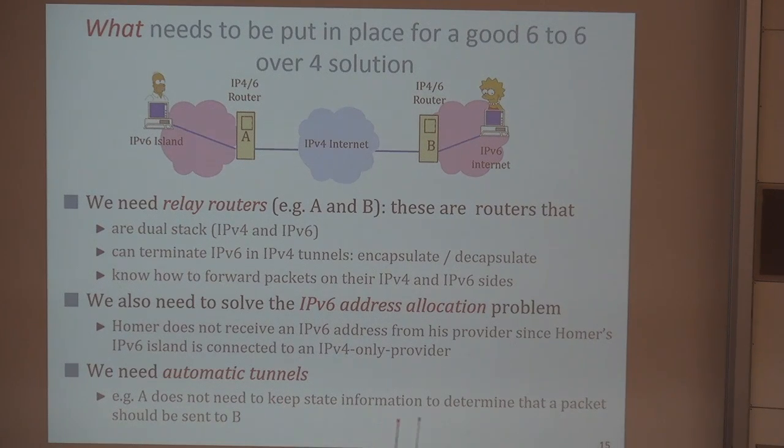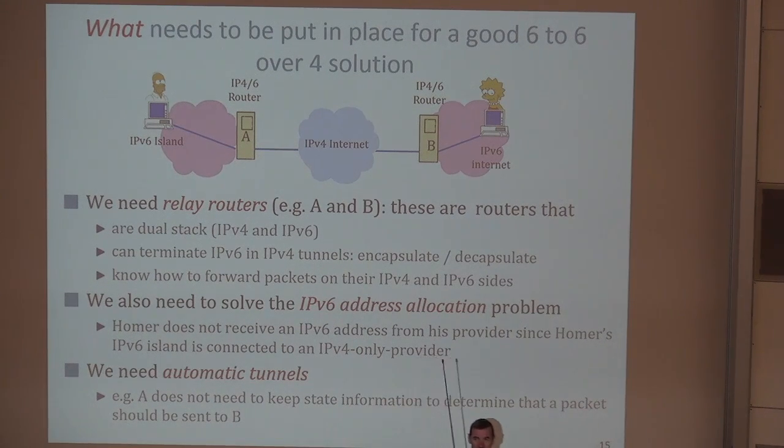Now there are a few configuration problems you need to address if you do this. One of the configurations is the IPv6 address allocation. In this IPv6 island, which IPv6 addresses do I use? Because I don't have a provider that gives me IPv6 addresses. We could use private addresses, but if we want to connect to the IPv6 internet, that's not a good idea. So we would like to have a mechanism to get public IPv6 addresses when we are connected only to the public IPv4 internet.